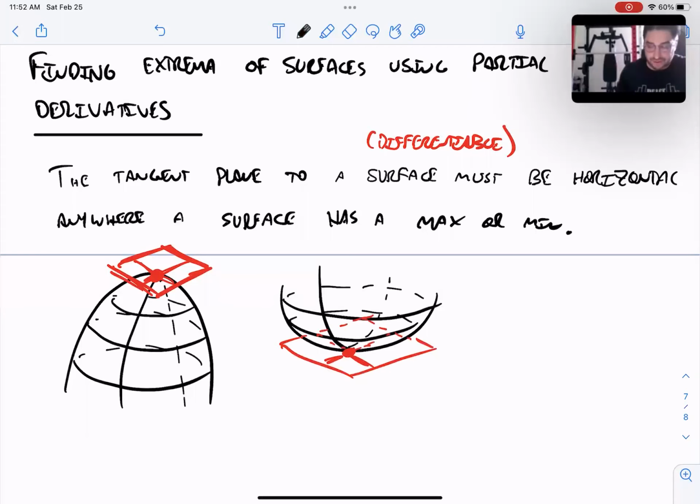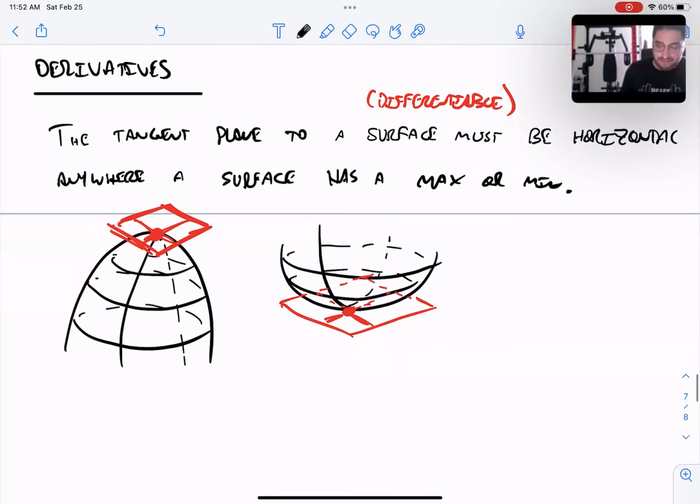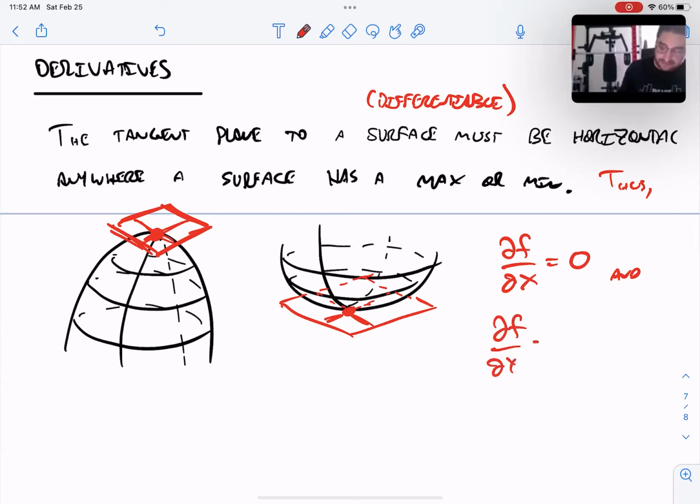So how do you determine a horizontal tangent plane? Well, what gives us the direction vectors of the tangent plane? The partial derivatives do. So you would need df/dx equals 0 and df/dy equals 0 at those critical points.